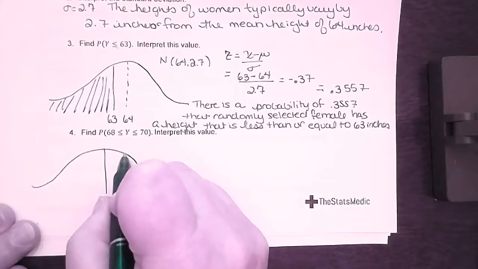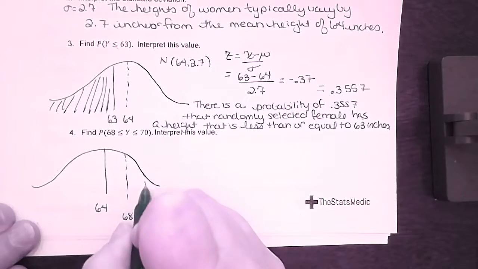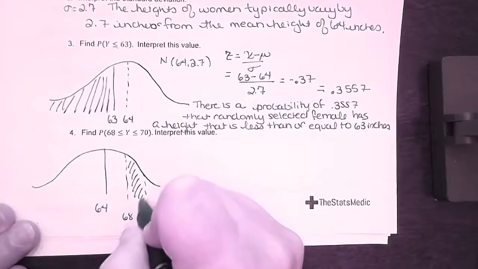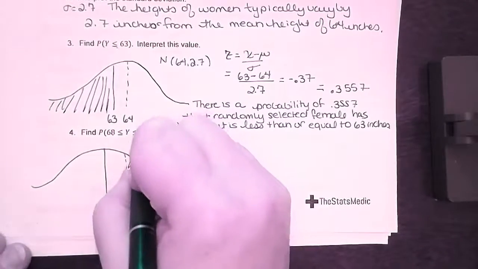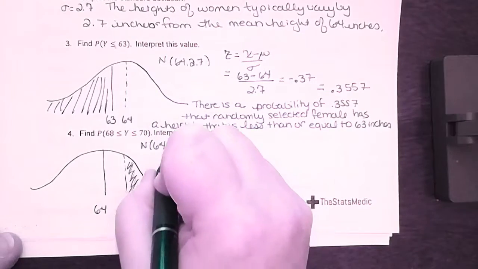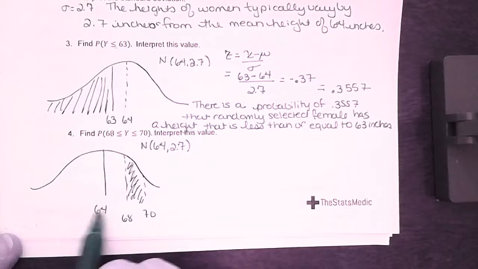So let's say that this is 68 and this is 70. And pretend, guys, that we really can't, again, as accurate as you can make it, but do whatever you can do. Like if you're like me, I can't draw a normal curve to save my life. So make sure you do that and indicate this.